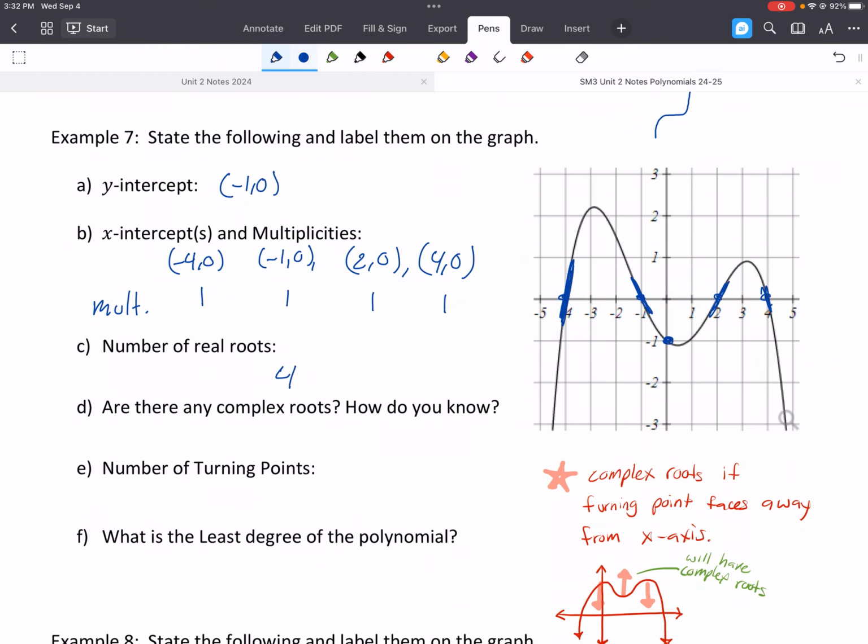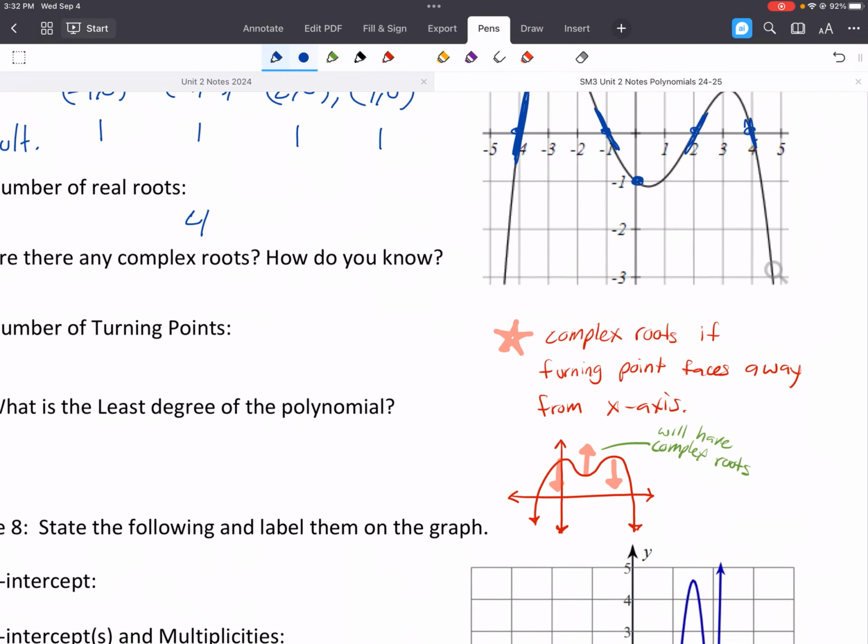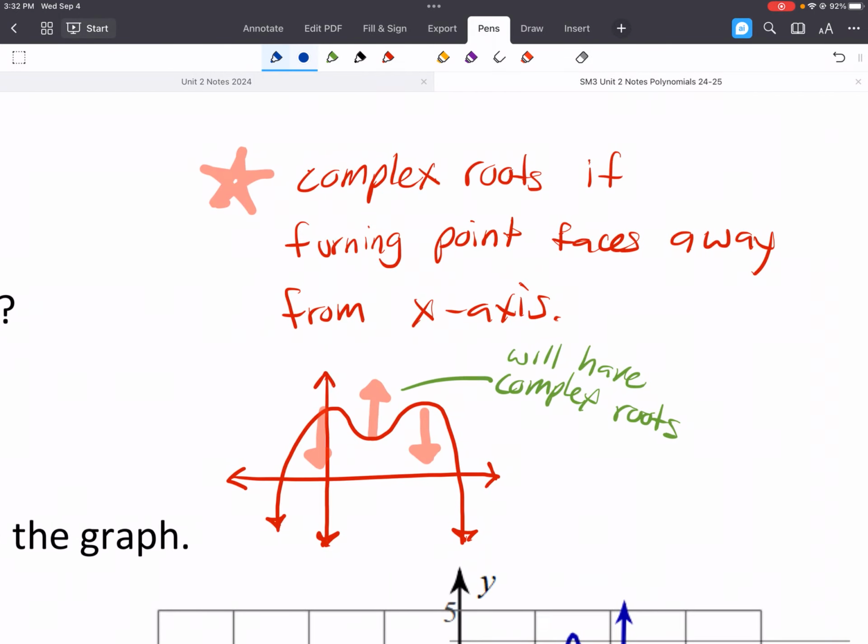And then let's talk about complex roots. What you should expect, okay? So again, complex roots is if the turning point faces away from the x-axis. Looking at this, we have 3 turning points, here, here, and here. That means we should have a degree of at least 4.